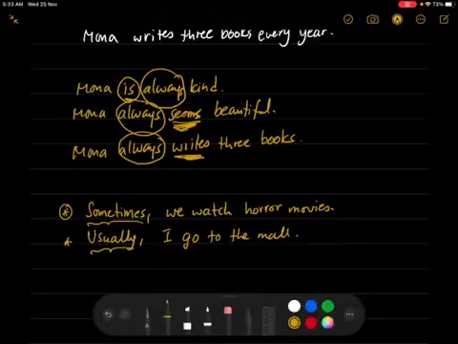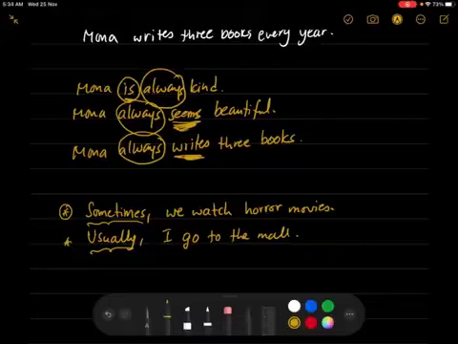If you used other indefinite adverbs of frequency like always or rarely or seldom and never at the beginning of the sentence before the subject, it will sound very unnatural. You can say, for example, always we watch horror movies.